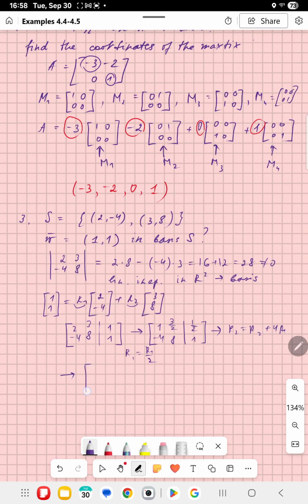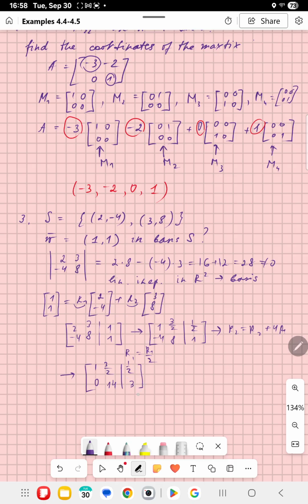I'm going to get as a result 1, 3 over 2, 1 half. If I take this row, multiply by 4 and add it, I'm going to get 0 here. 3 over 2 multiplied by 4 is 6, and if I add it to 8, I'm going to get 14. And 1 over 2 multiplied by 4 is 2, and added to 1 is 3.